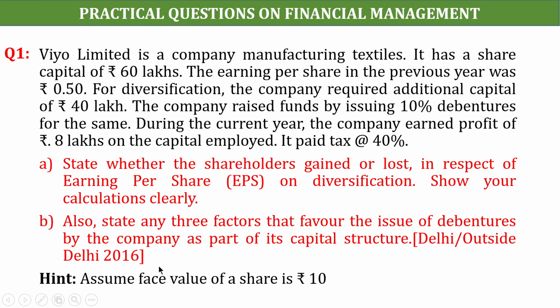Here the face value has been assumed to be 10, as this was not mentioned in the case study. So 60 lakh is the total share capital, and with face value rupees 10, it means 6 lakh would be the number of equity shares. Let's understand.